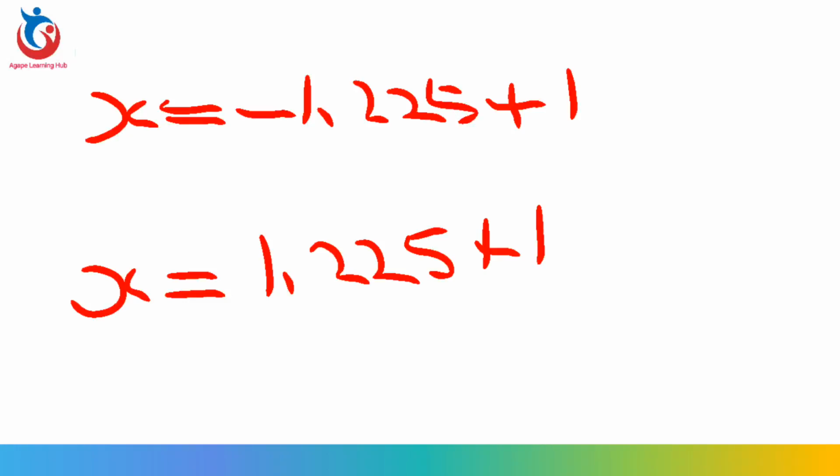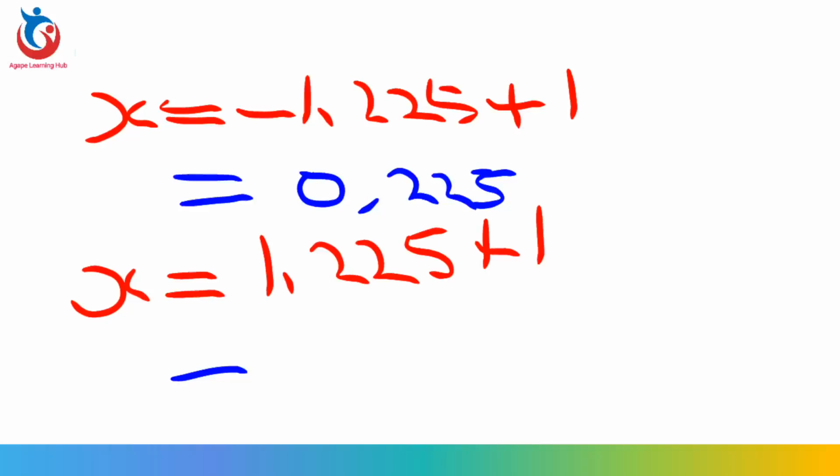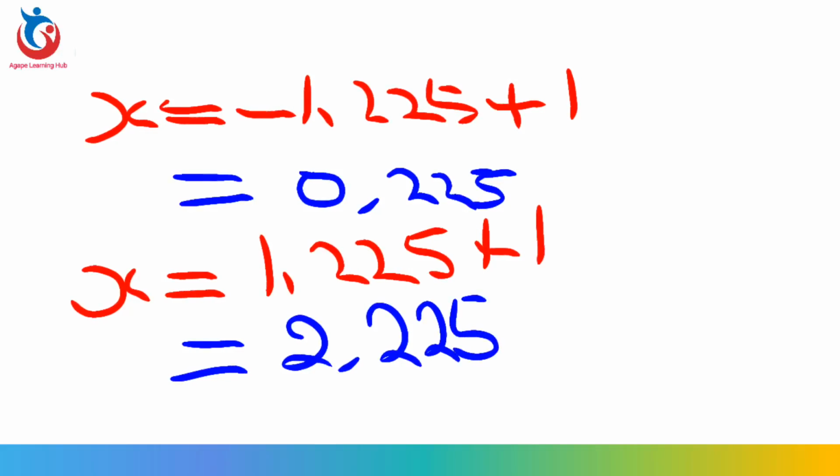And so when x is equal to negative that, we end up with negative 0.225, and when x is that, we end up with 2.225. See that now?